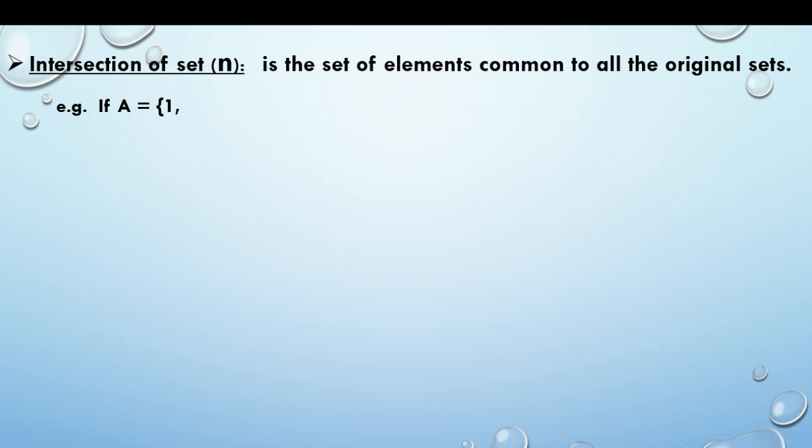For example, if set A has got the elements 1, 2, 3, 4, and 5, and set B has got the elements 2, 4, 6, then the elements that are common in both sets are 2 and 4, and therefore we can say the intersection of set A and B is equal to 2 and 4.